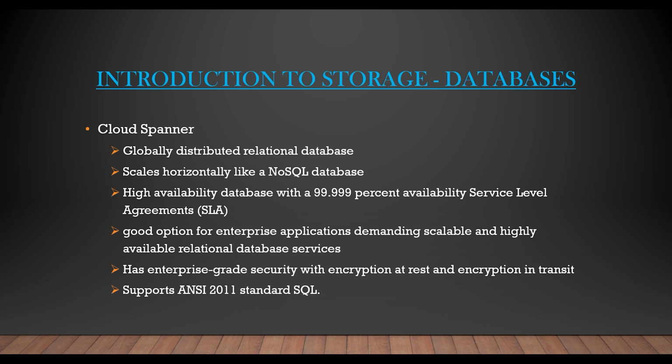Cloud Spanner is a GCP service which is globally distributed. It combines the key benefits of relational databases like consistency and transactions, with the ability to scale horizontally like a NoSQL database. It is a highly available database with a 99.999% availability service level agreement, or SLA, and it makes a good option for enterprise applications which require scalable and highly available relational databases.